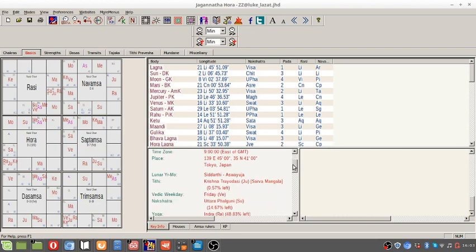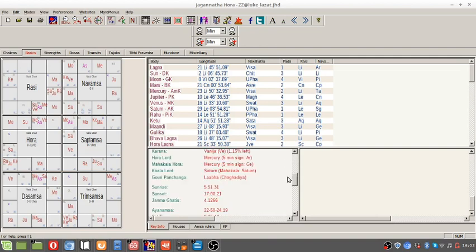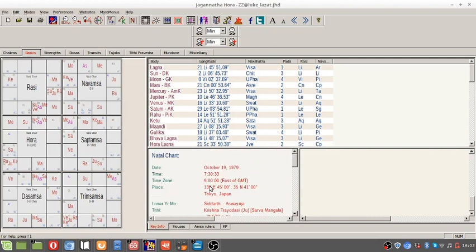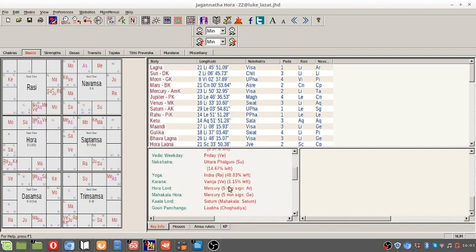The day has 24 hours, and Luke is born in the 2nd hour on Friday. The 1st hour is always the weekday. So the 1st hour on Friday is ruled by Venus, and the 2nd hour is ruled by Mercury. So Mercury is the Hora Lord.